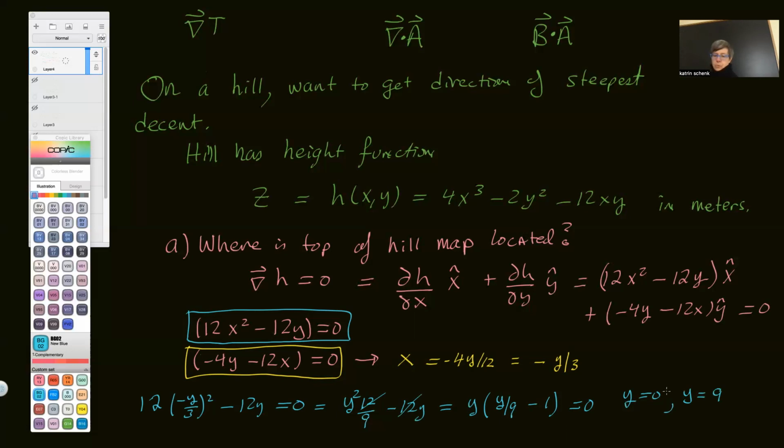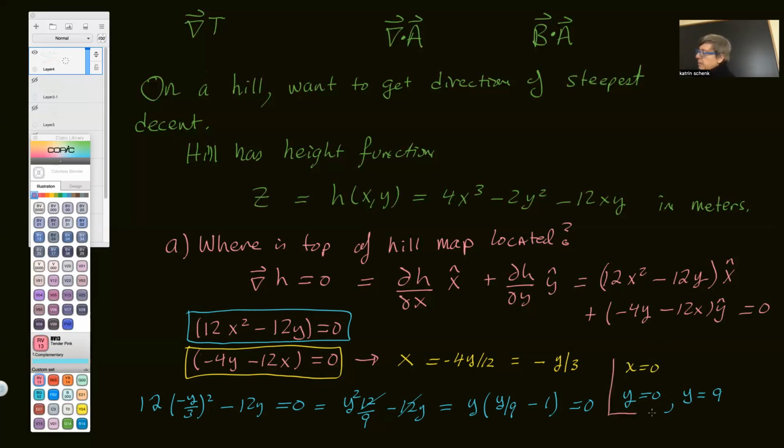So two answers for y. Good. Now we also have two answers for x because x is written in terms of y now, in the yellow equation. So when y is 0, notice that x is 0. So these are a pair.